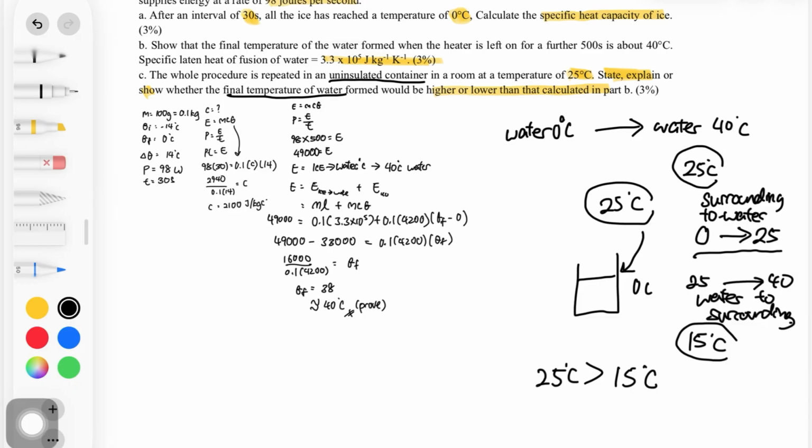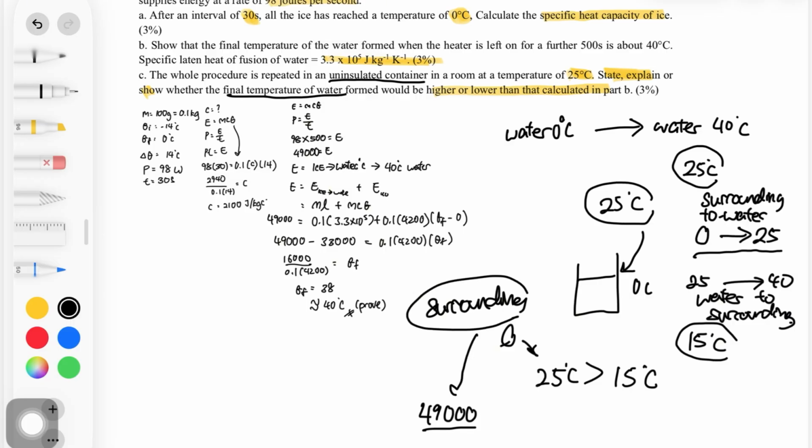The energy supply is around 49,000 joules, but at 0 to 25 degrees Celsius the surrounding will supply energy towards the water, which lowers the requirement from 0 to 25. And from 25 to 40, it will release 15 degrees Celsius worth of energy.